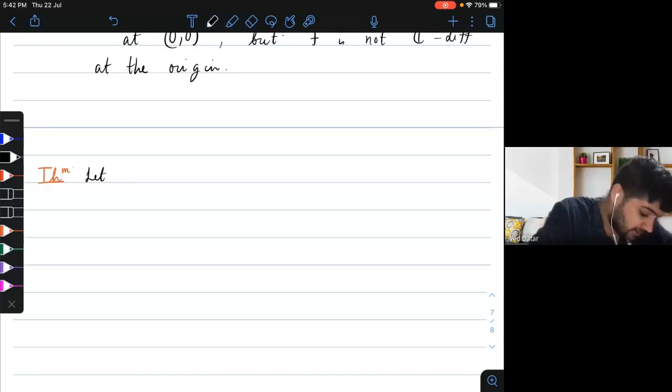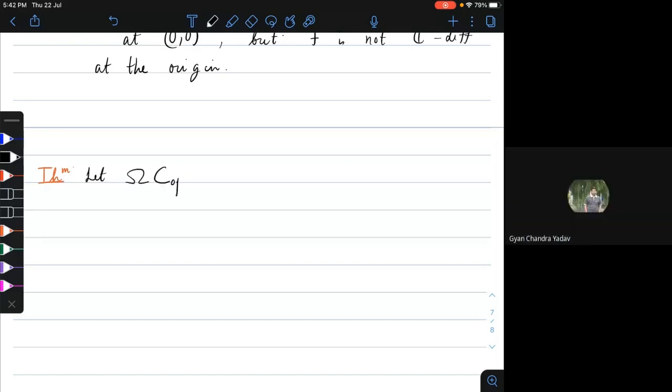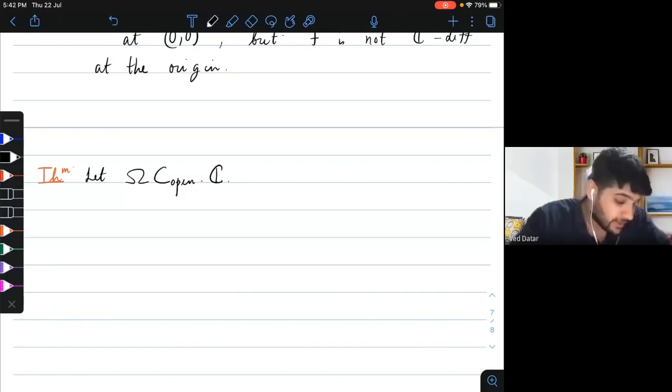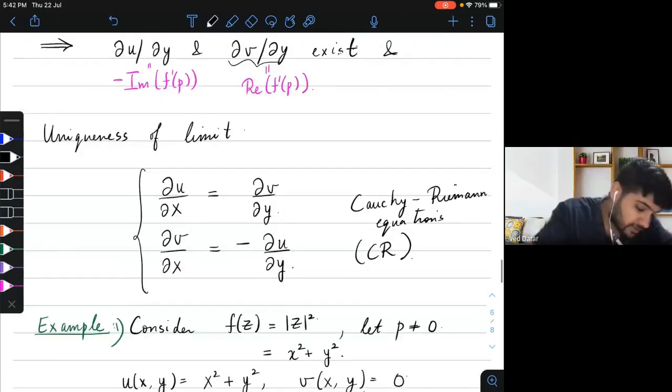Sir, is there any relation between the Cauchy-Riemann equations and that Jacobian matrix which you described earlier? Yes. So what is the Jacobian matrix?